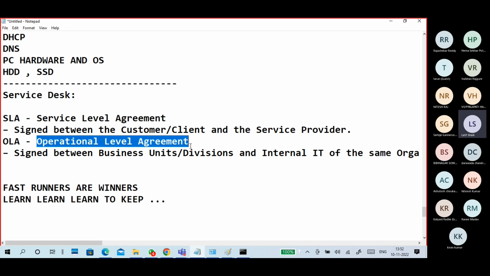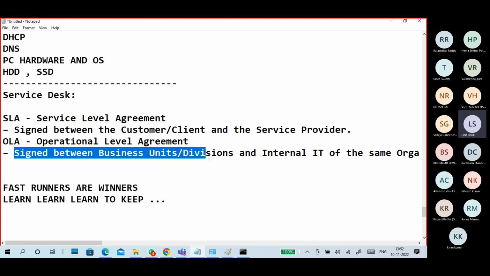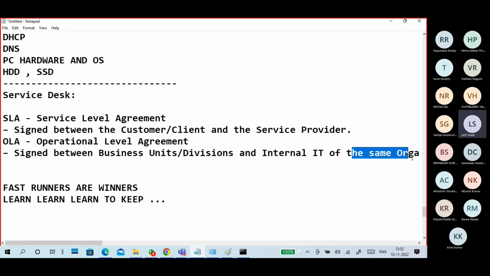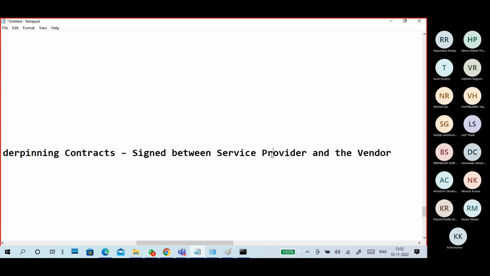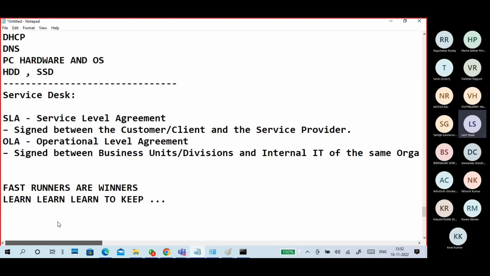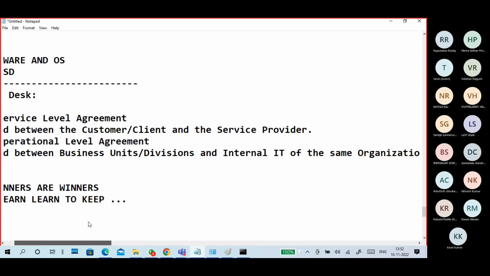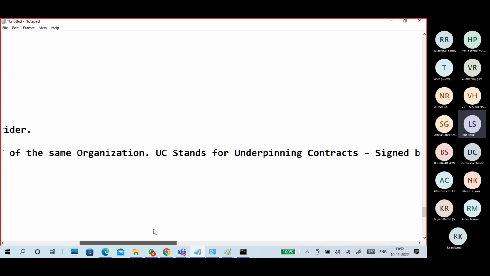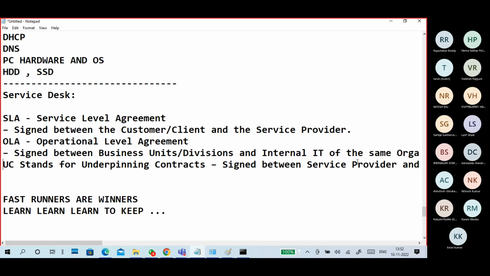But operational level agreement is within the organization, internal, signed between business units and divisions, and internal IT of the same organization. That's it. Okay, same organization.